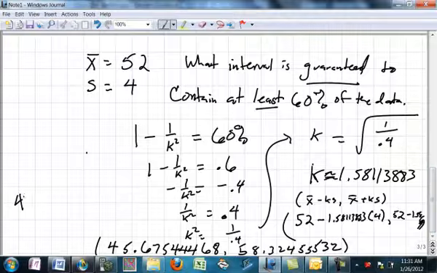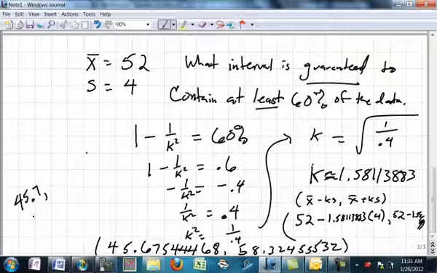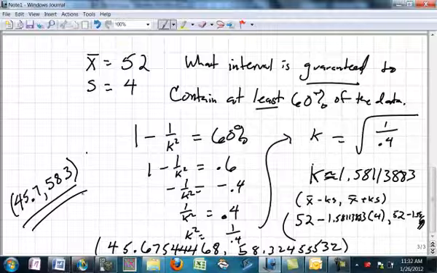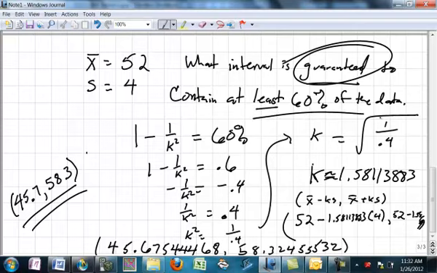So 45, let's say 0.7 to 58.3. So that interval is guaranteed to contain at least 60% of the data.